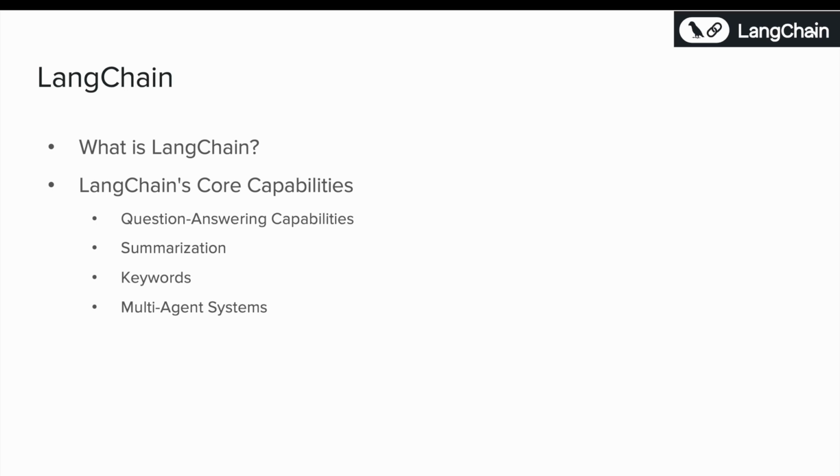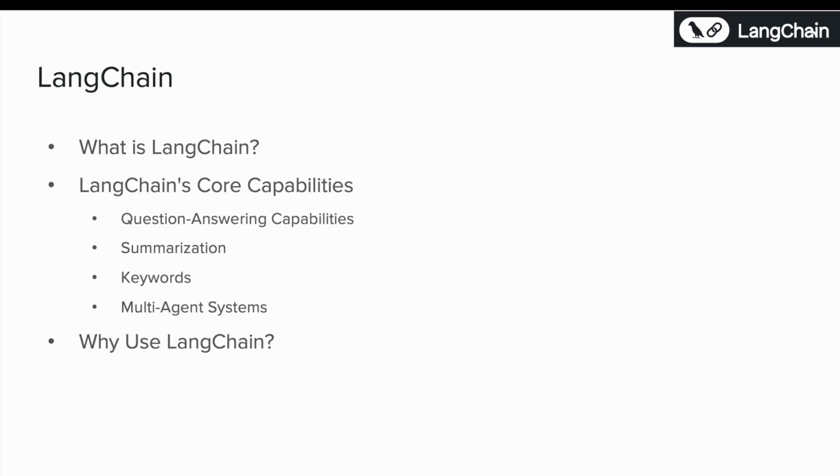LangChain is versatile enough to work with different language models and can be customized to fit a wide variety of applications, from customer support chatbots to content generation and even financial analysis tools.